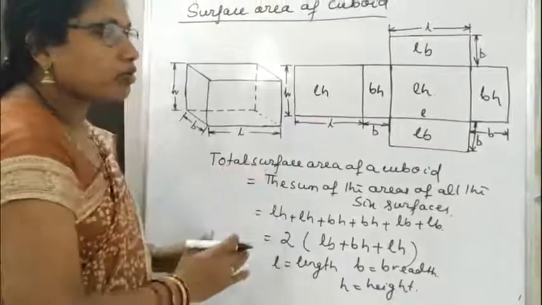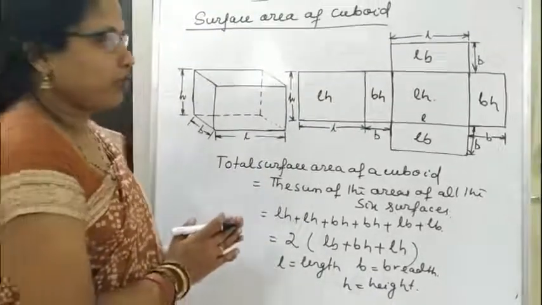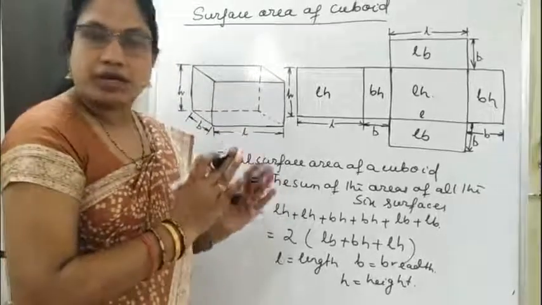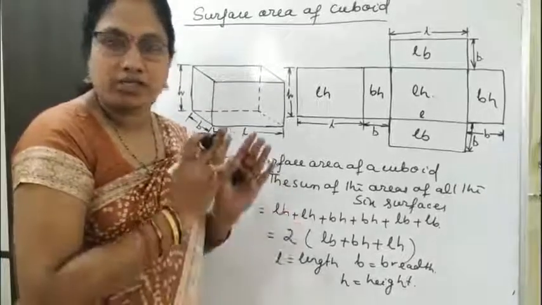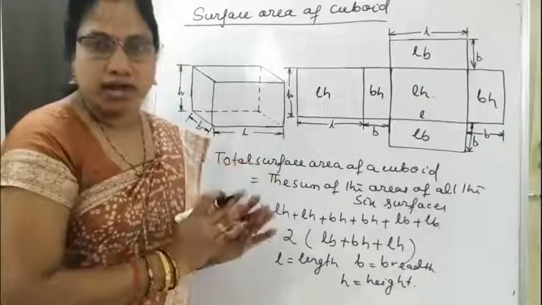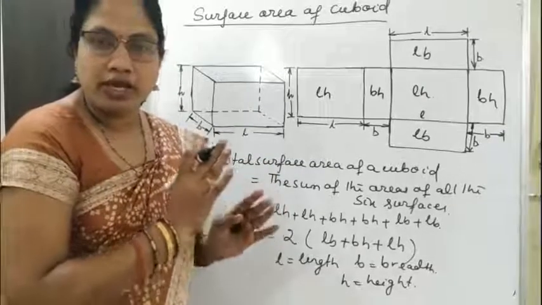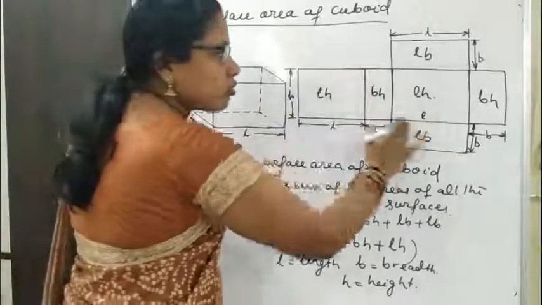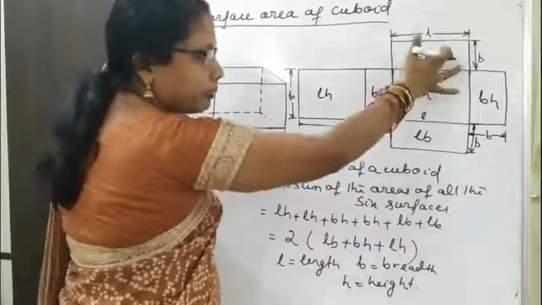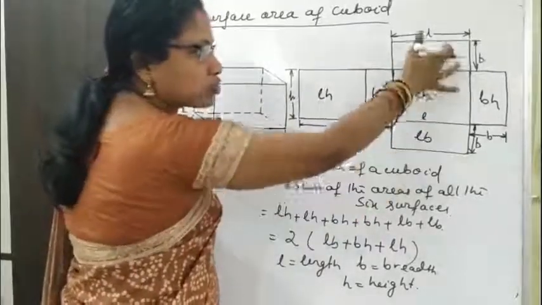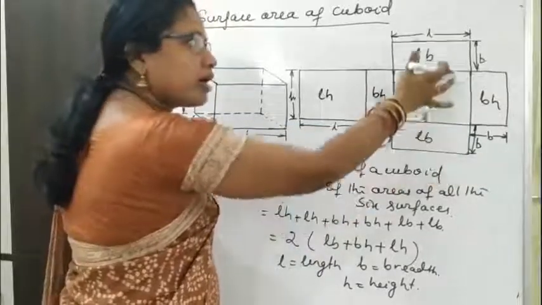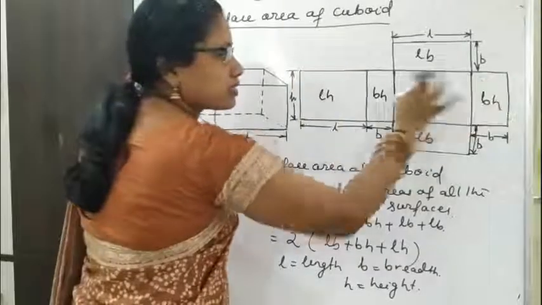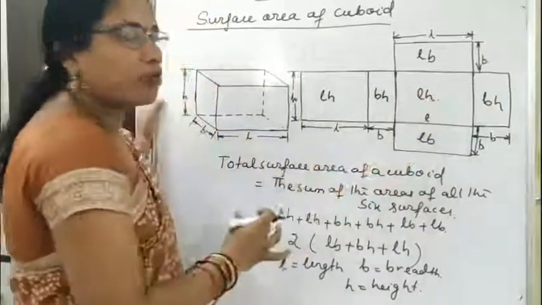Then what about the lateral surface area of a cuboid? If we consider a room, then the lateral surface area is the area of the 4 walls, excluding the area of the roof and floor. Let us consider this is the open surface of a room. LB and LB, these 2 surfaces are the area of roof and floor. These 4 surfaces are the areas of 4 walls.